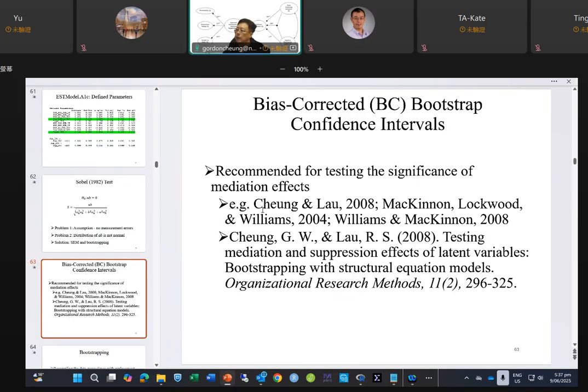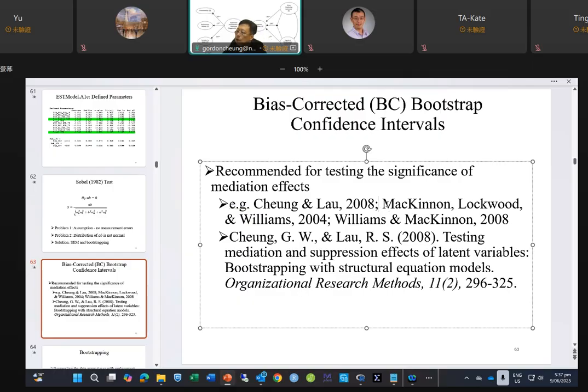Okay, you can blame me, because I published a paper in 2008. This is my second most cited paper, talking about using SEM with latent variables to test the indirect effect, and we need to use bootstrapping.